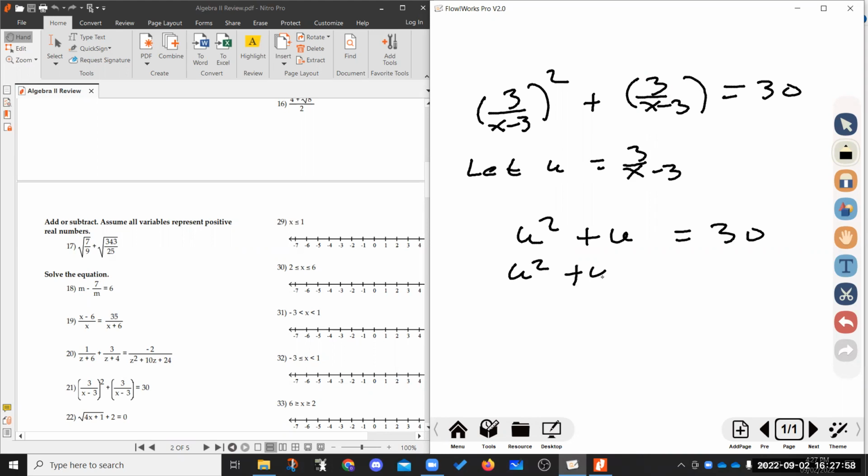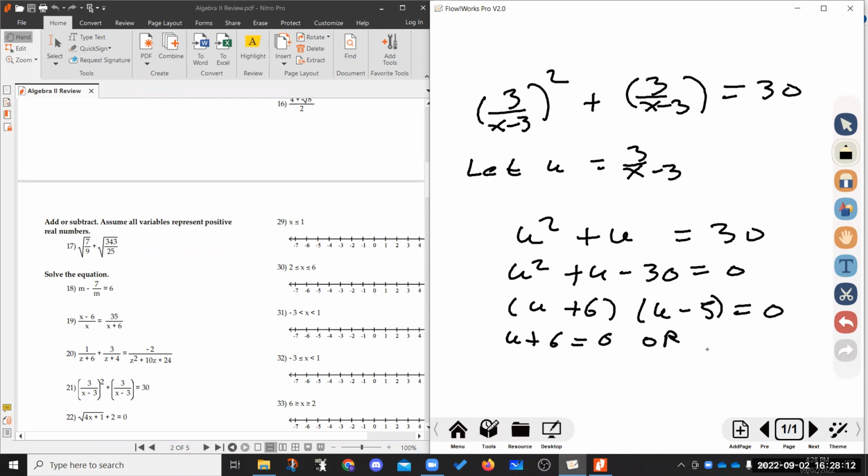So u squared plus u minus 30 is equal to 0. This is u plus 6 times u minus 5 is equal to 0. U plus 6 equals 0, or u minus 5 is equal to 0. U equals negative 6, or u equals 5.